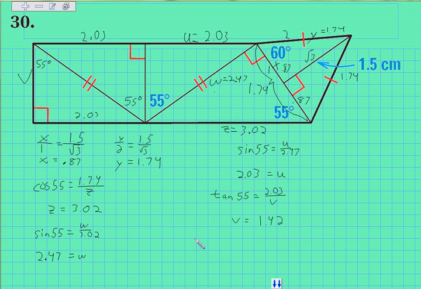So I want to get the whole perimeter. That means I need to add all of this stuff up. So I've got 1.74. I should tell you I'm going to start in this corner and work my way around.